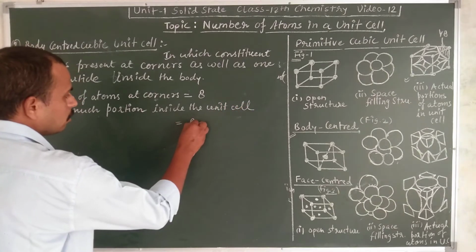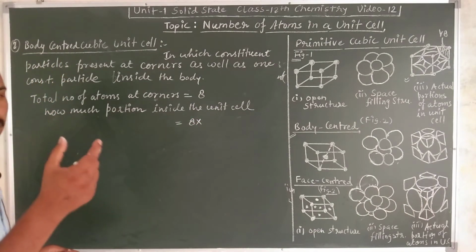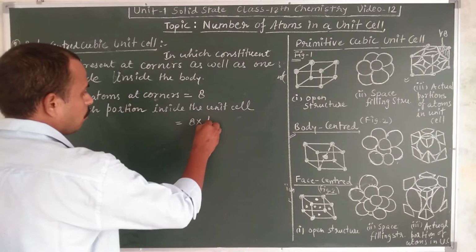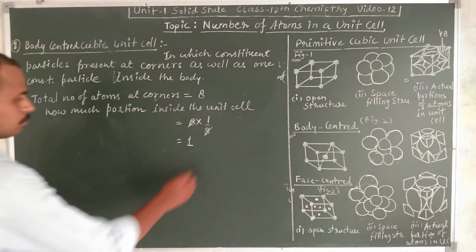So 8 at corners, 1/8 part inside the unit cell. So 8 times 1/8 is 1 atom.